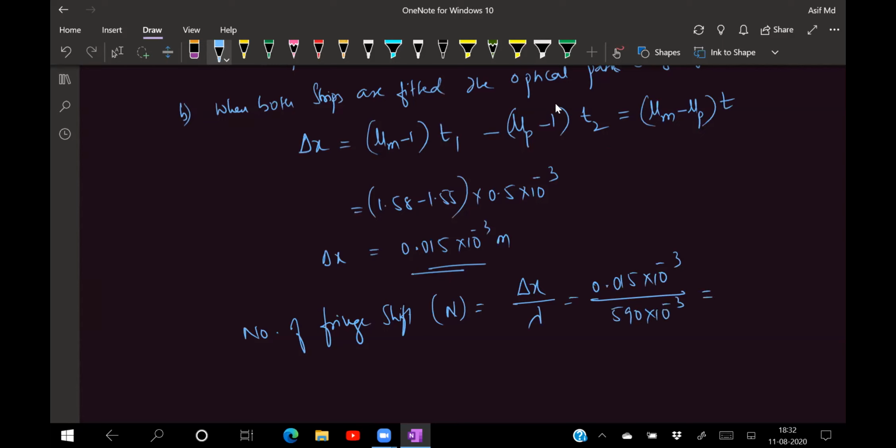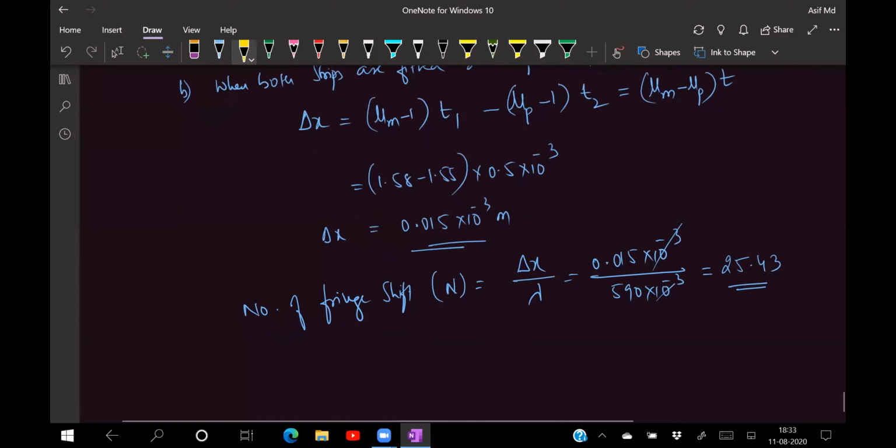That will give me roughly 10 to the power of minus 3 over 10 to the power of minus 9. For this I need a calculator compulsorily. See how much I am getting exactly. Let me use a calculator here. It is 0.015 divided by 590.